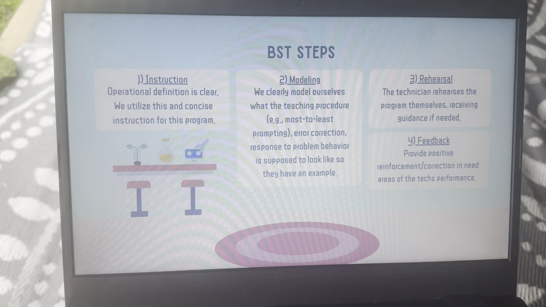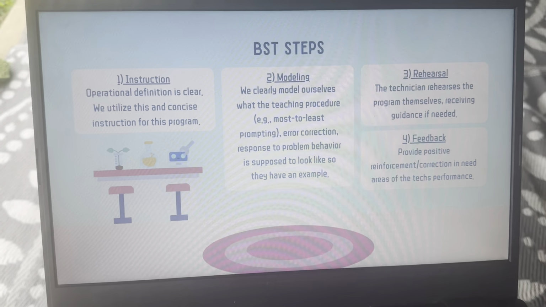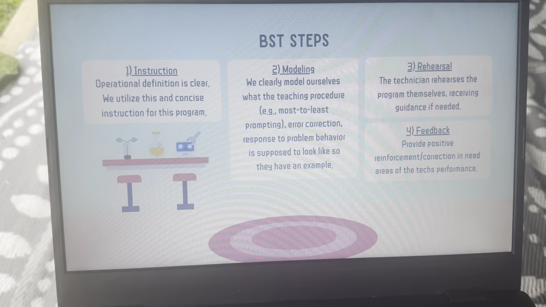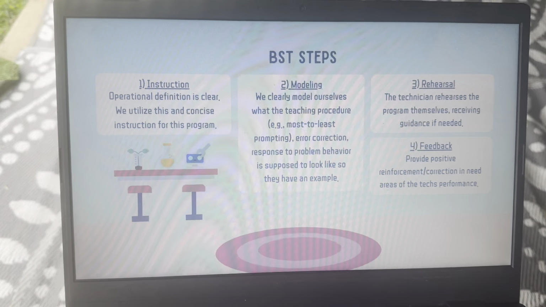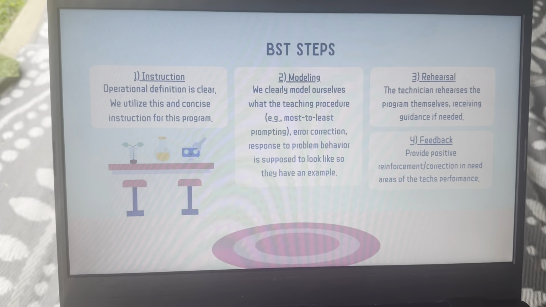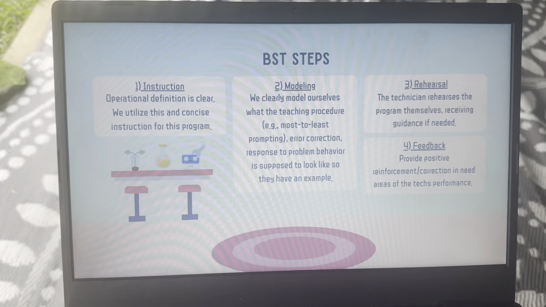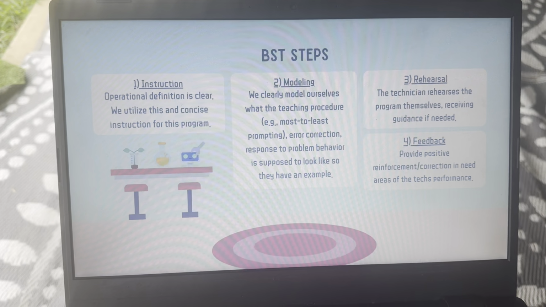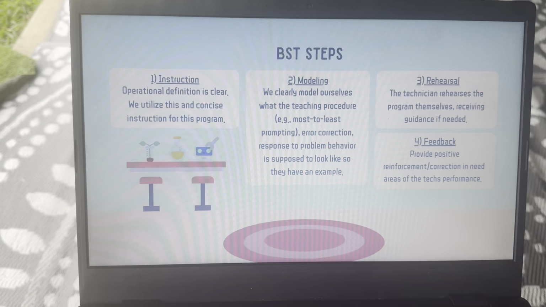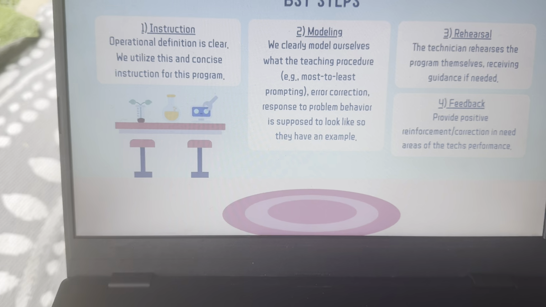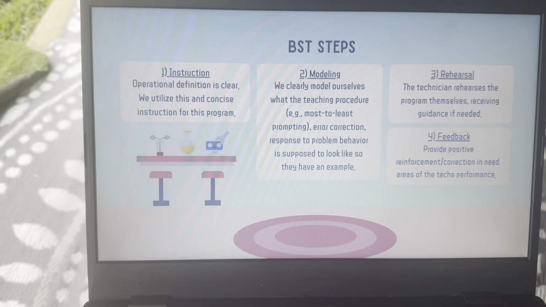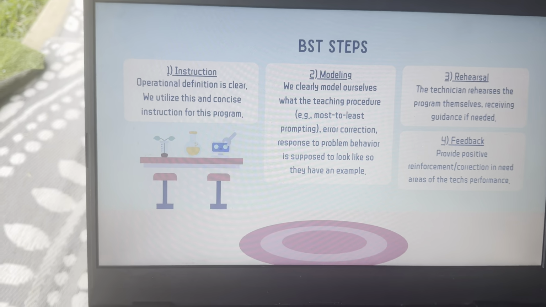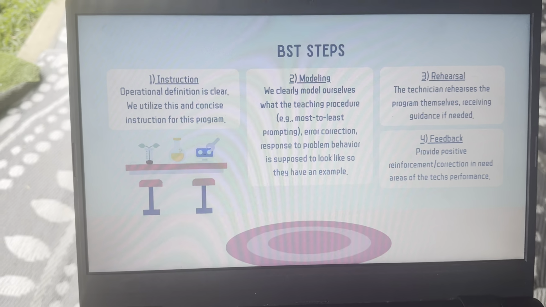So the next step would be modeling. This one to me is kind of the most important. We clearly model ourselves what the teaching procedure is. So that could be we're utilizing graduated guidance, also known as most to least prompting, fading procedure. Maybe we're using least to most prompting, errorless teaching, whatever it may be.